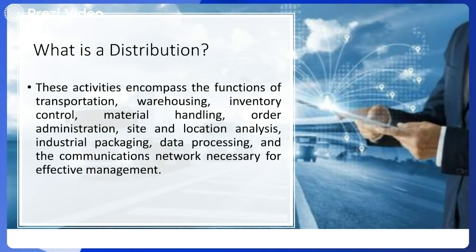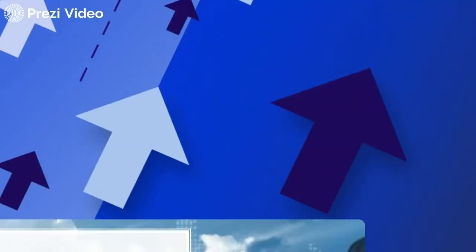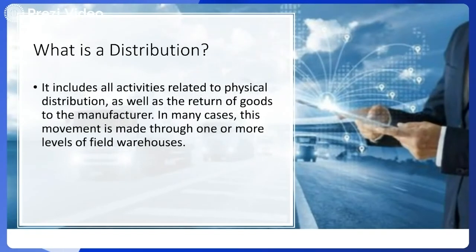It includes all activities related to physical distribution as well as the return of goods to the manufacturer. In many cases, this movement is made through one or more levels of field warehouses.